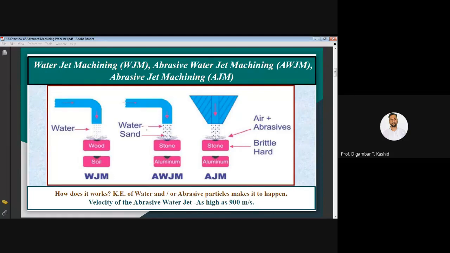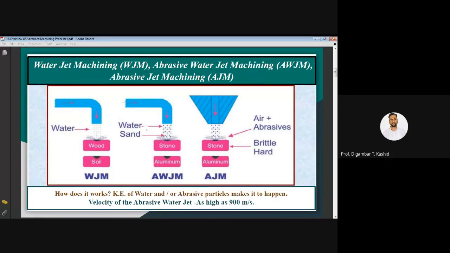That high velocity, high pressure air comes up to the nozzle, and in that nozzle, if you mix some abrasive particles in that air, an air abrasive jet is formed. If that high velocity air abrasive jet strikes the workpiece, like stone or aluminum, then due to its kinetic energy, impact will occur on the top surface of your workpiece, and erosion action will start.